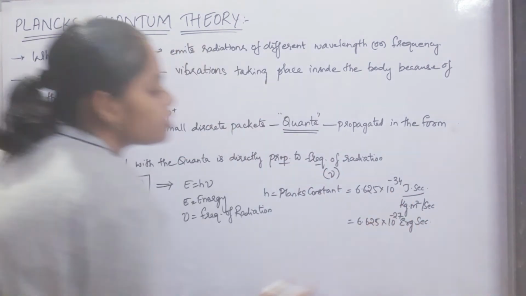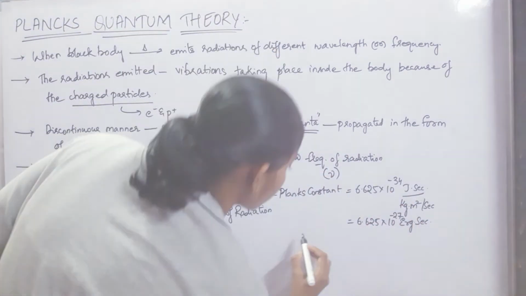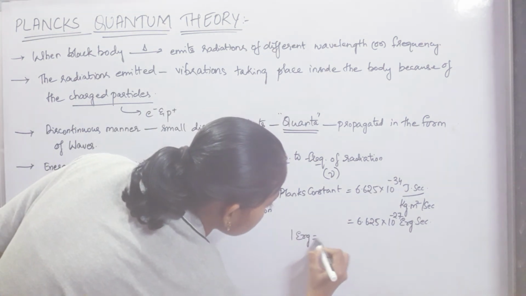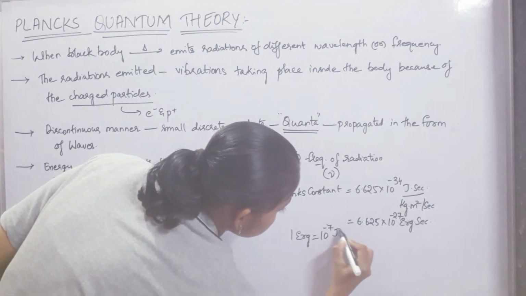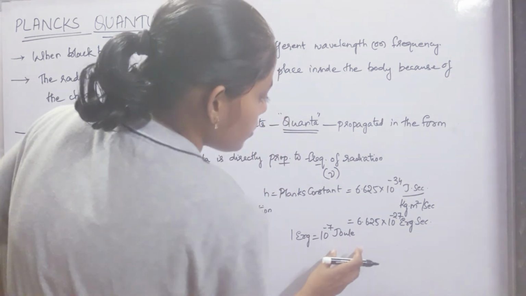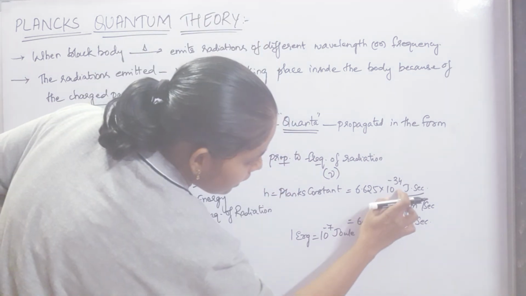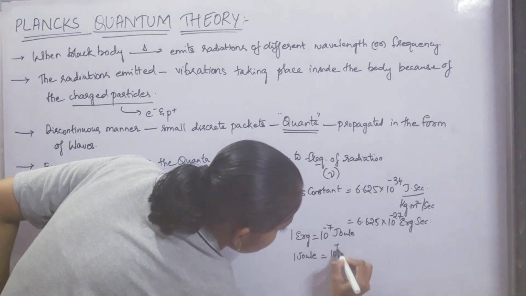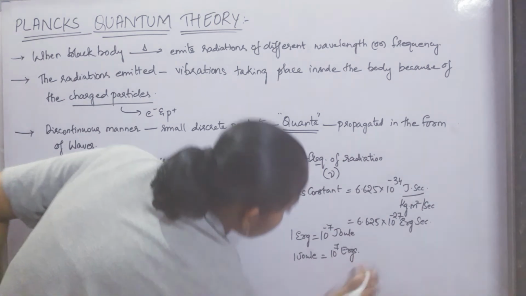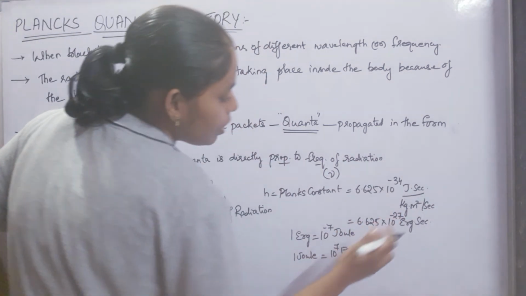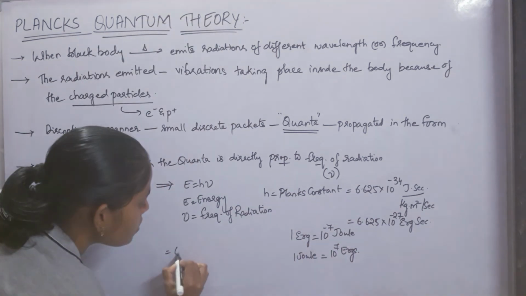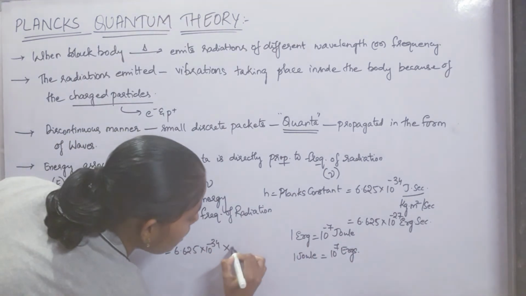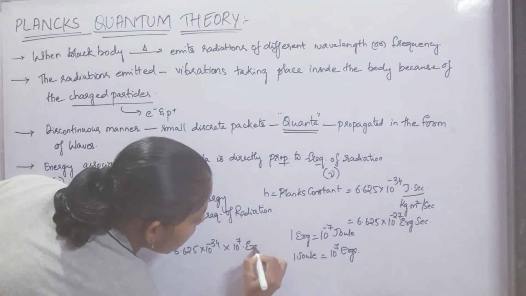So how can we convert this joule into ergs? There is a conversion: 1 erg is equal to 10 power minus 7 joules, so 1 joule is equal to 10 power 7 ergs. When we substitute 10 power 7 ergs here, we get 6.625 into 10 power minus 34 into 10 power 7 erg second.